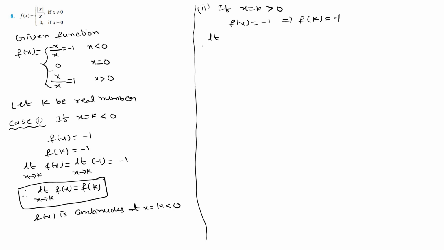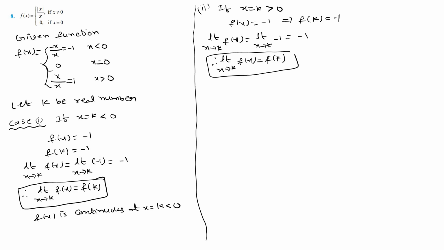So limit x tends to k, f of x is minus 1. Therefore, limit x tends to k, f of x is equal to f of k. Therefore, f of x is continuous at x equal to k, which is greater than 0. For all values greater than 0, it is a continuous function.